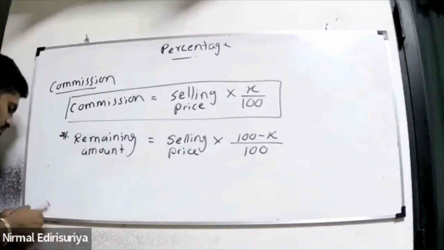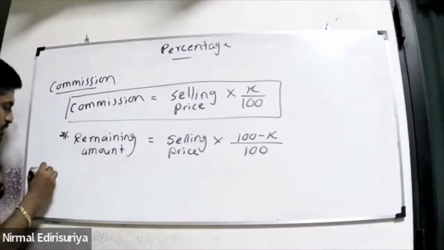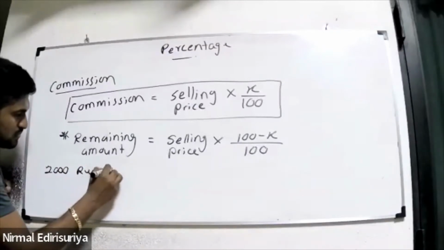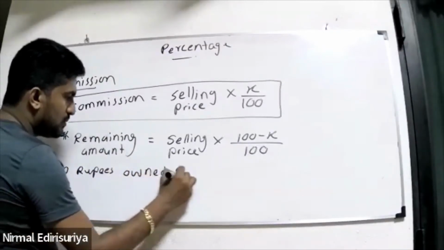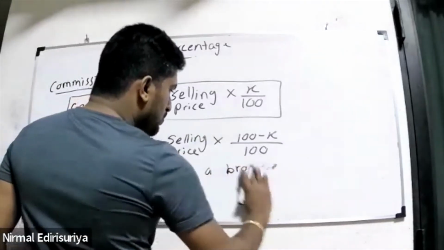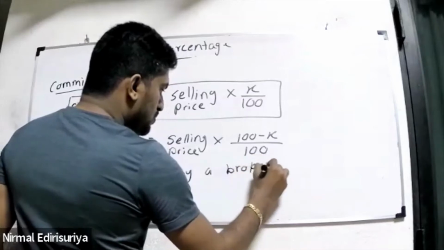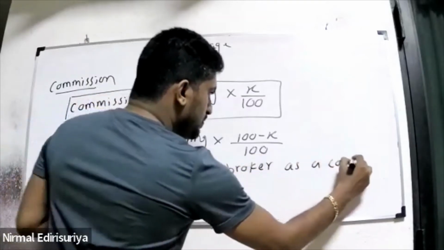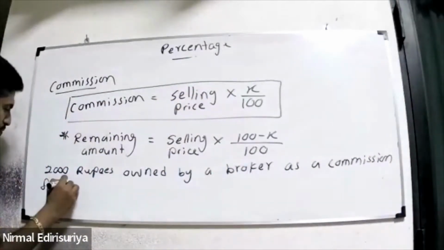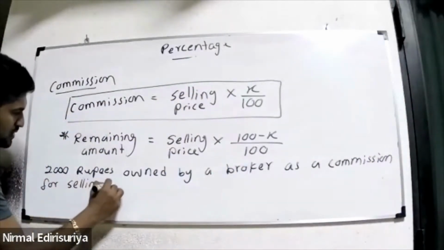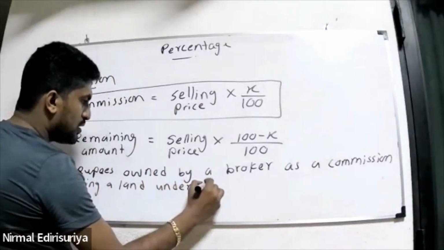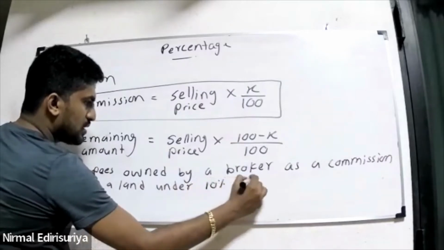Question: 2,000 rupees was earned by a broker as a commission for selling a land under a 10% commission.